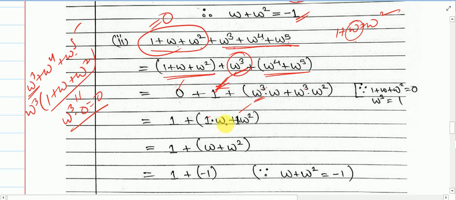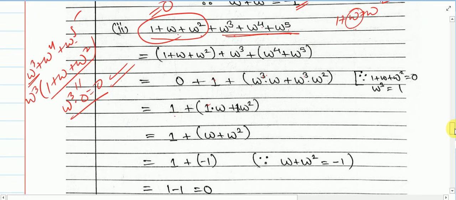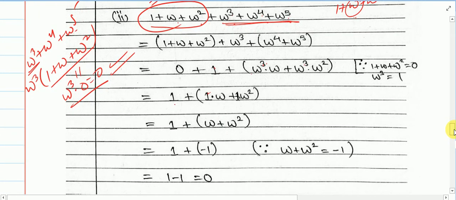Then I'm left with 1 plus omega square, which equals minus omega. Anyway, since I had solved this last year, I had solved it differently. You can do it in this way also; at the end you'll get 0 only. It depends on you. Since I had solved this last year, I'm using the same.